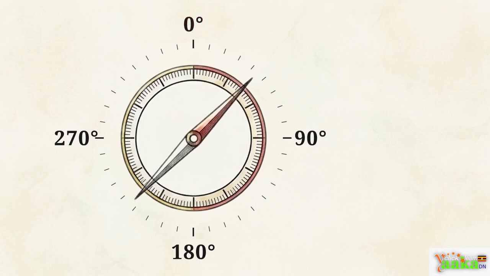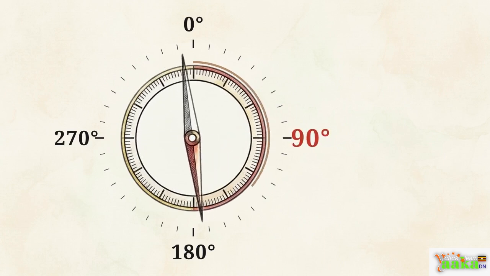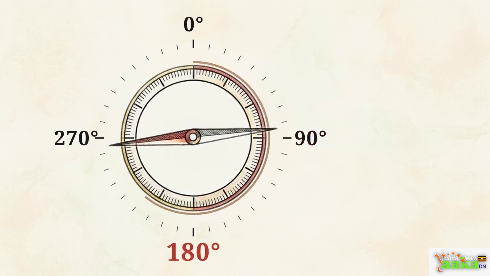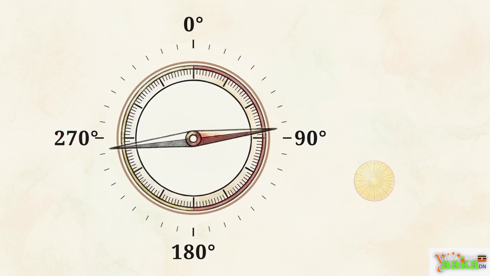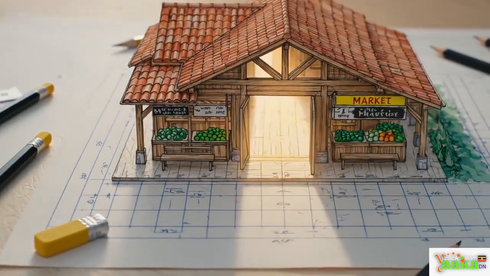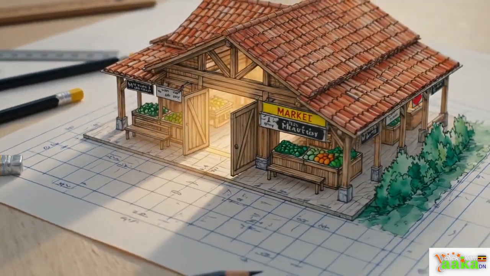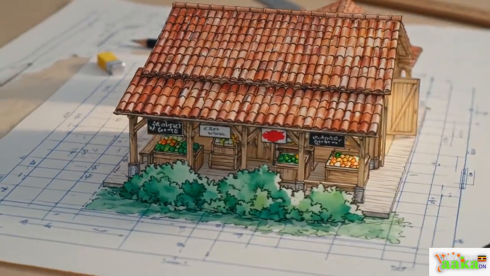Bearings always start pointing straight north, measuring at exactly 0 degrees. From there, the measurement sweeps clockwise through east at 90, south at 180, and west at 270 degrees, until we hit the specific angle needed to face the morning sun. Compass bearings now replace vague verbal directions with locked-in mathematical angles, finalizing the perfect blueprint for our project.